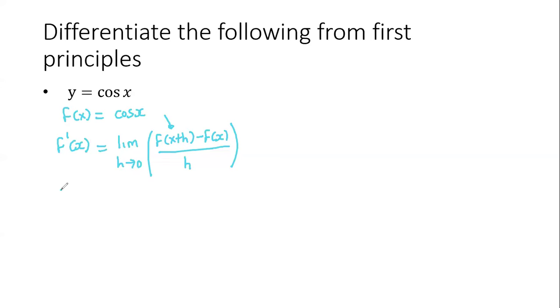It means that where there is x in your angle, you add an h. So it will be cos of x plus h. And f of x is equal to cos of x. Kindly let me know whether we are on the same page on that part first.